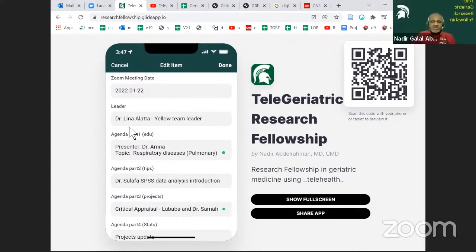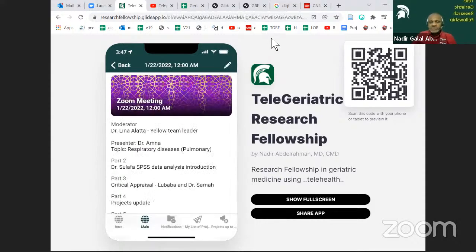So this is how we can set the agenda for the coming Zoom meeting, and if anyone has any reason not to attend, or some family issues, then between you and the team, maybe you can ask someone else to cover your topic. So at least we know it's covered and people are ready for the meeting.